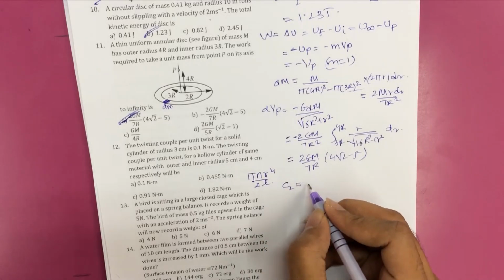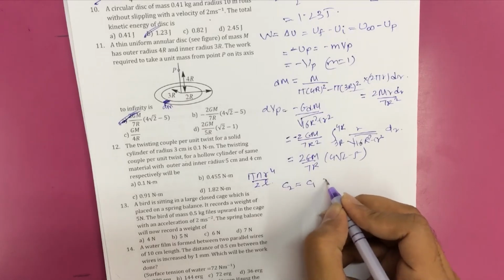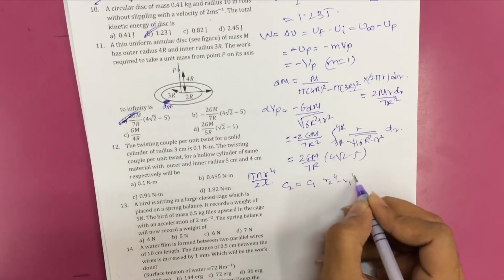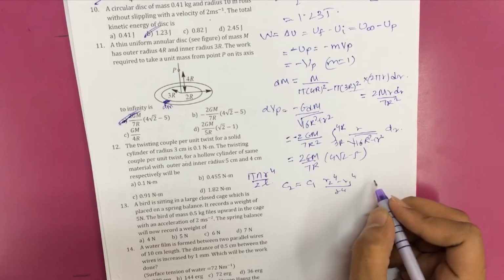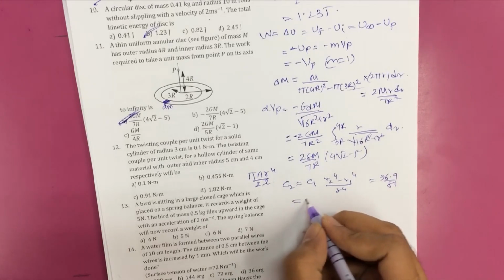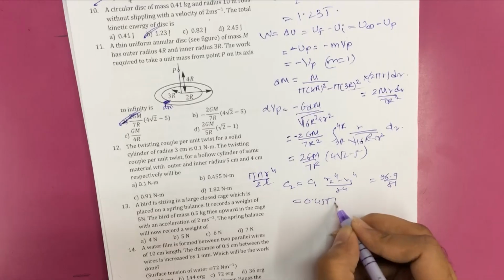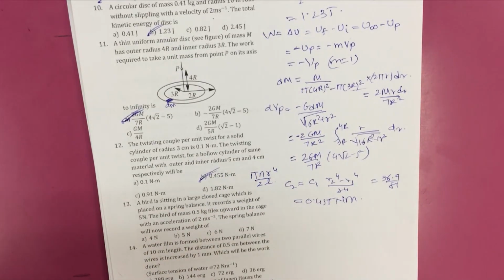So for the hollow cylinder, C2 would be equal to C1 times R2 raised to 4 minus R1 raised to 4 divided by R raised to 4. Substitute all of these values, you will get 36.9 divided by 81, which is nothing but 0.455 Newton meter. So option B is your correct answer.